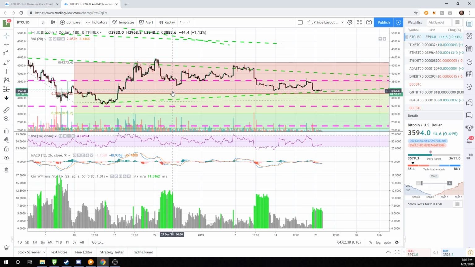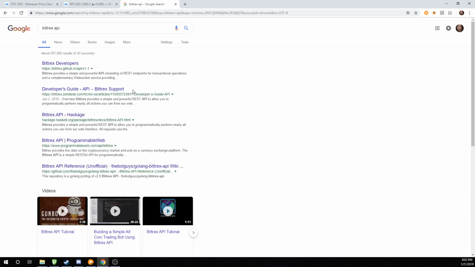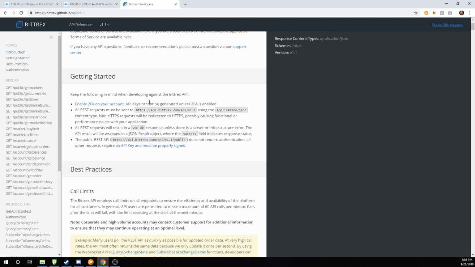It starts when you hook up some form of software to your exchange. And how that looks is, Bittrex has something called an API. An API is not something to be afraid of. It just means an application programming interface, a way for services to talk to your account.